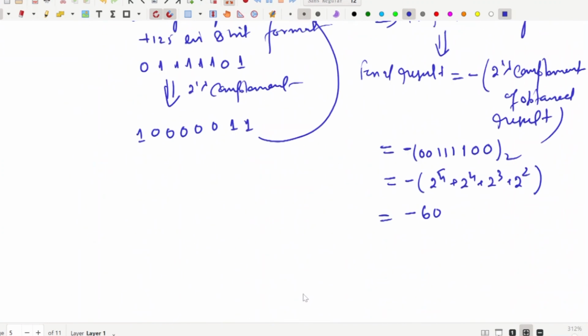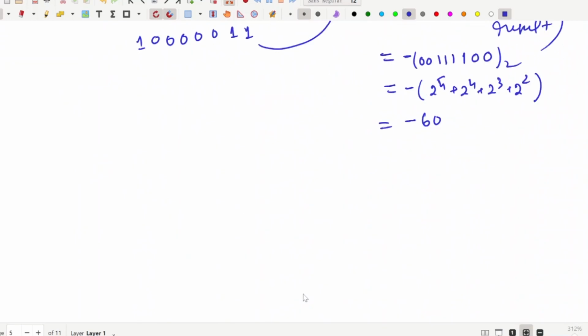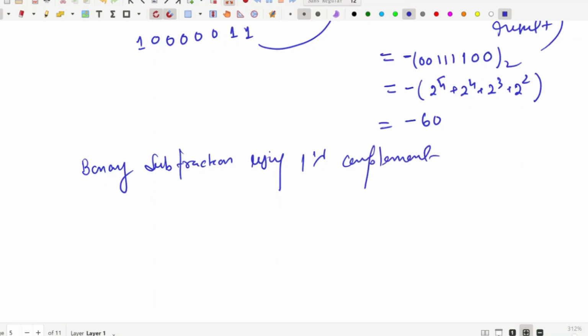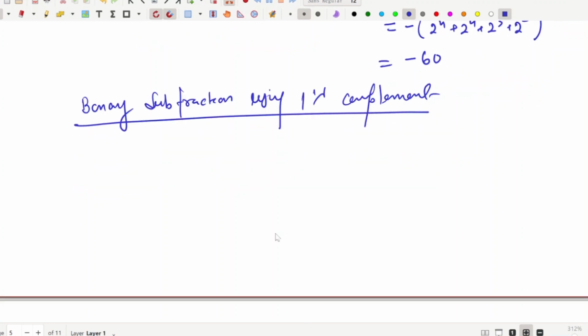So, in the case of binary subtraction using 1's complement, suppose two numbers are there, 125 and minus 65.